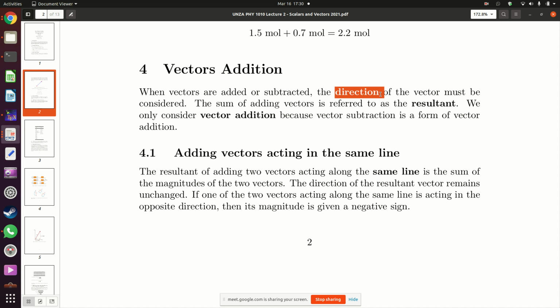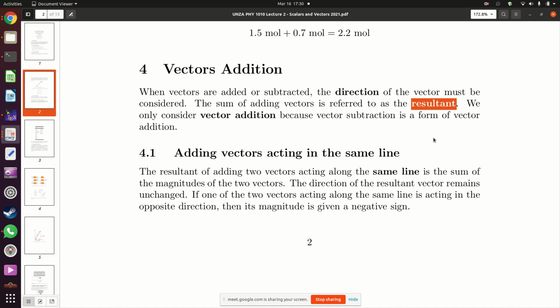The next thing to note is a bit of terminology. After you add or subtract vectors, maybe you're adding 2 vectors, you're adding 3 vectors, the result is what is referred to as the resultant. This is very important because most of your time you'll be looking for this resultant, especially when it comes to Newton's second law of motion.